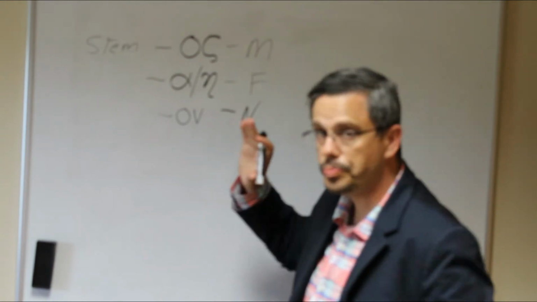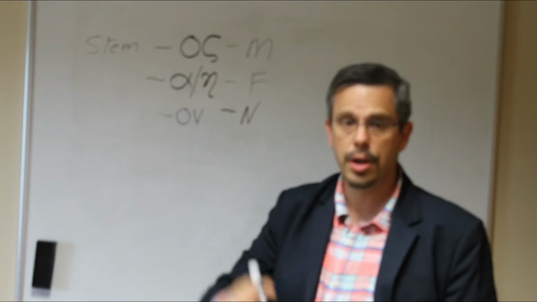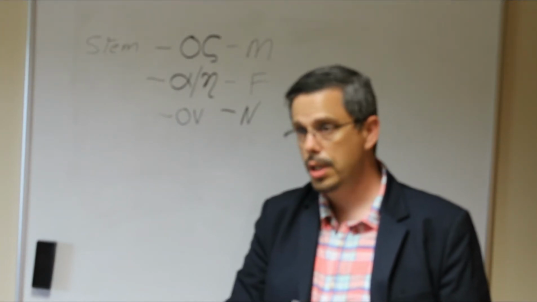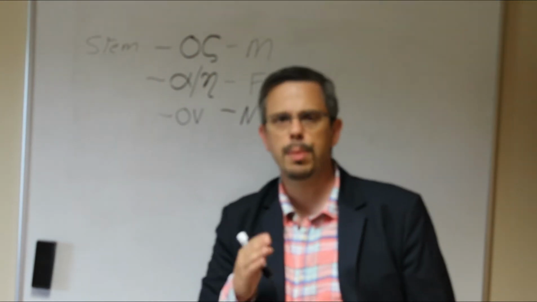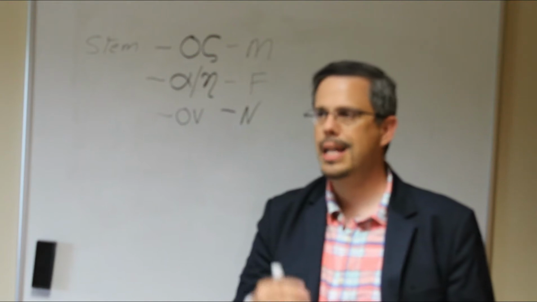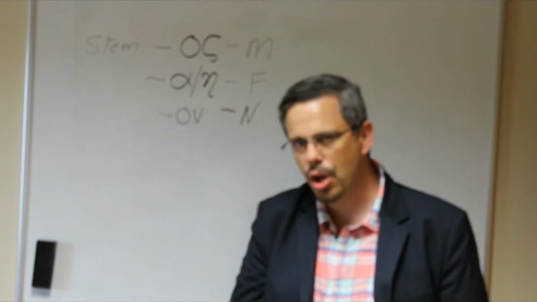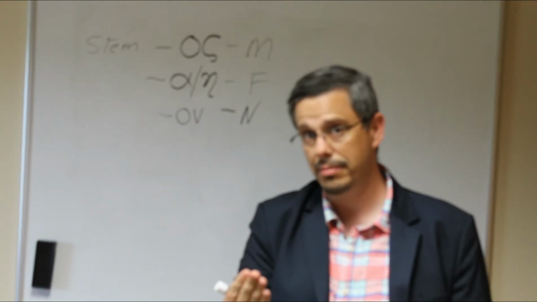All right, so every noun is going to have its case. It's going to have its gender. It's going to have a number in any particular usage of that word. So it could be a plural in one setting. It could be a singular in another. And then it's going to be a part of a declension. And a declension is a category of how the word is inflected.